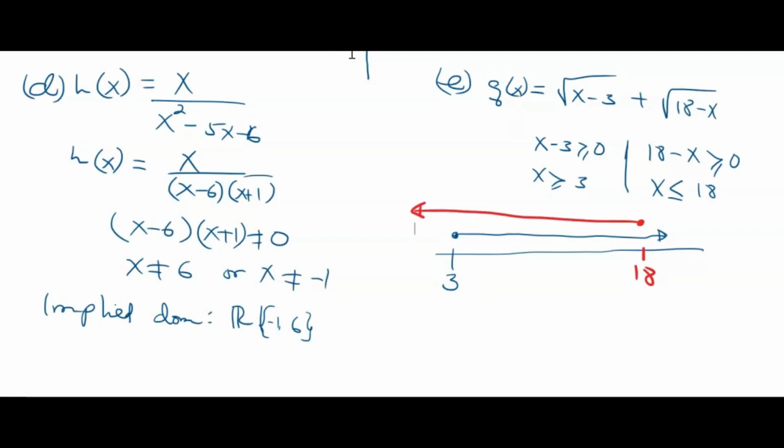All right, now why did I use a number line? It's just to visualize the section where they intersect. So my implied domain will only be the section where they intersect, the intersection domain. So the implied domain will be the section that they both have in common.